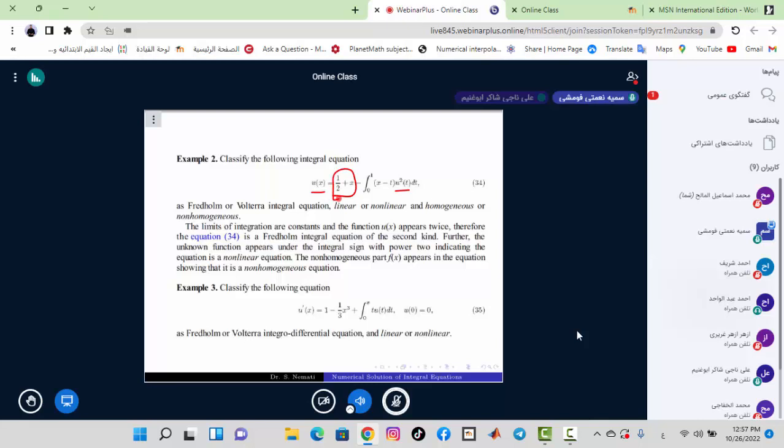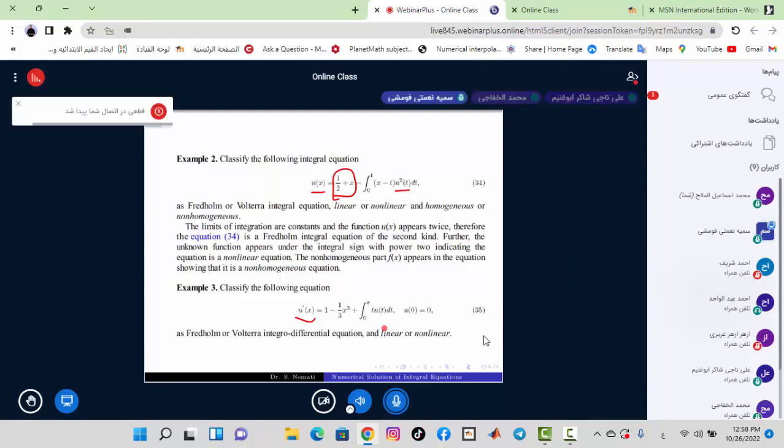The next equation. Is it Volterra? Yes, exactly, Volterra. Is it an integral equation or an integral differential equation? Integral differential equation, because we have the derivative of the function here too. And is it linear or non-linear? Non-linear. Why non-linear?